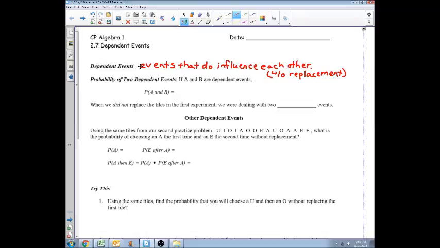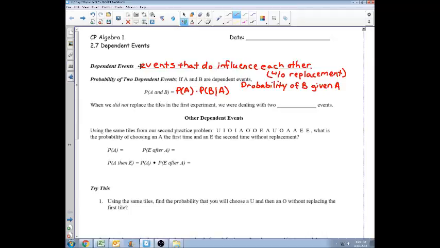Probability of two dependent events. If A and B are dependent events, what is the probability of A and B? Well, in this case, it would be the probability of A times the probability of B given A, which basically just means what is the probability of B after we get rid of A. But that is said as the probability of B given A has occurred.